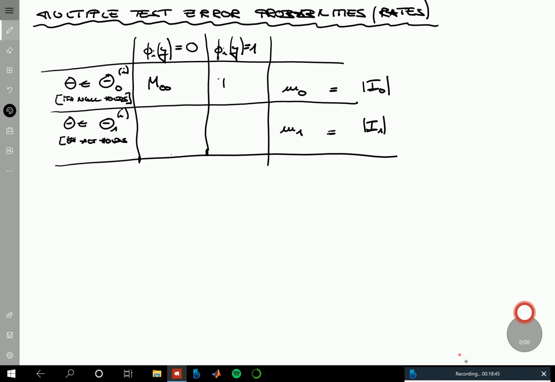And this is the number of tests that come out 1 where the null hypothesis holds. This is the number of tests that come out 0 where the alternative hypothesis holds. And this is the number of tests that come out 1 where the alternative hypothesis holds.